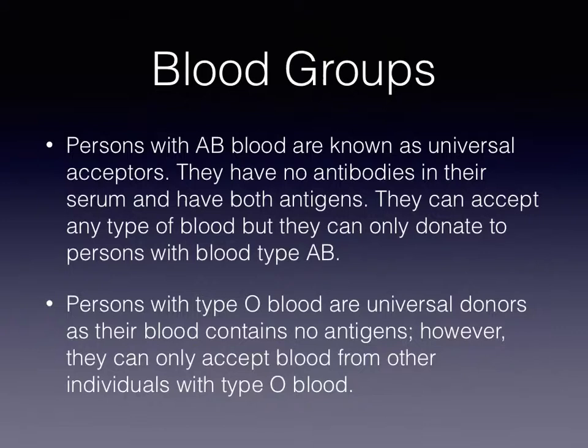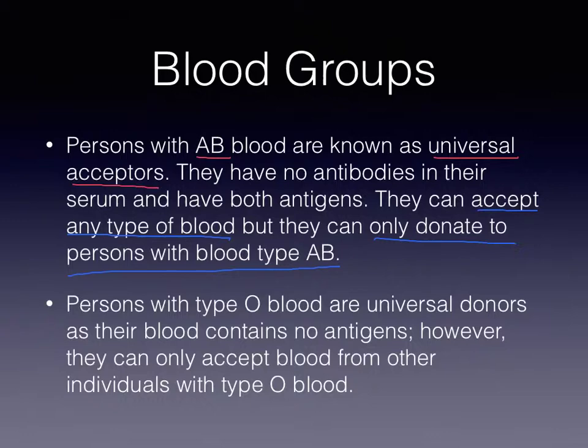Persons with AB blood are known as universal acceptors. They have no antibodies in their serum and have both antigens. They can accept any type of blood. However, they can only donate to persons with blood type AB.